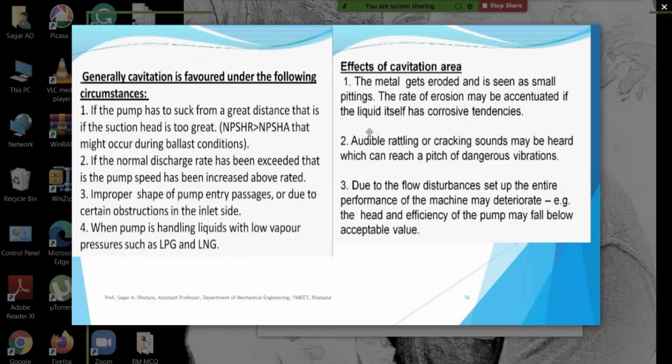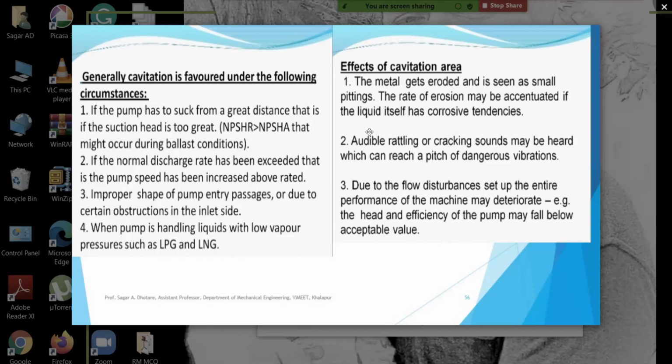The effects of cavitation: the metal gets eroded and is seen as small pitting. The rate of erosion may be accelerated if the liquid itself has a corrosive tendency. An audible rattling or cracking sound may be heard, which can reach a pitch of dangerous vibration. And due to the flow disturbance set up, the entire performance of the machine may deteriorate.